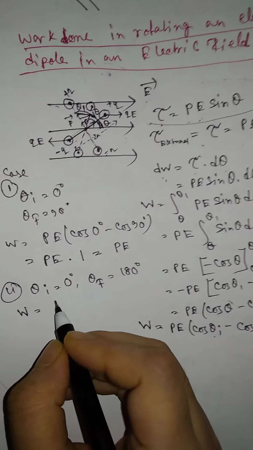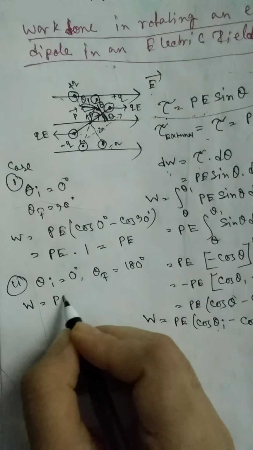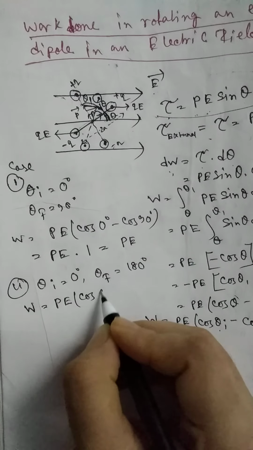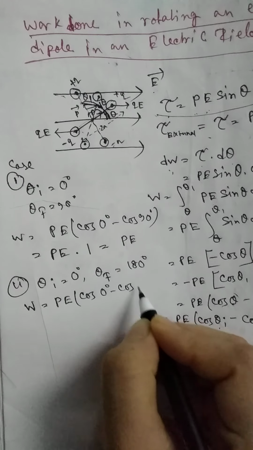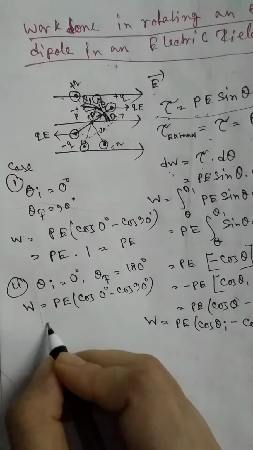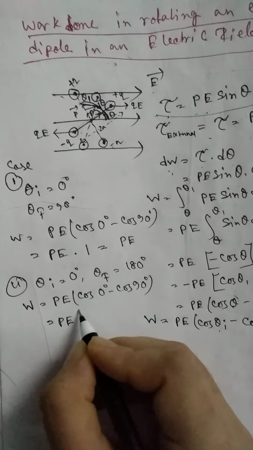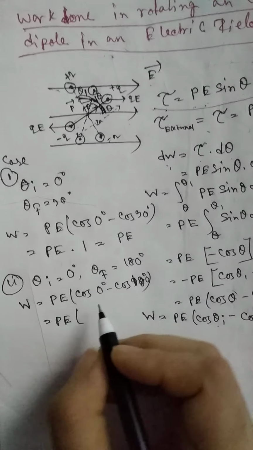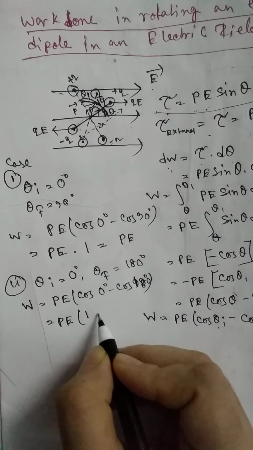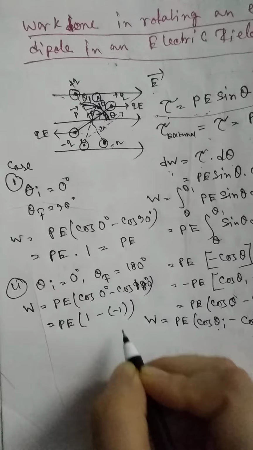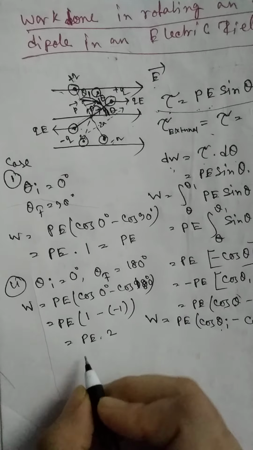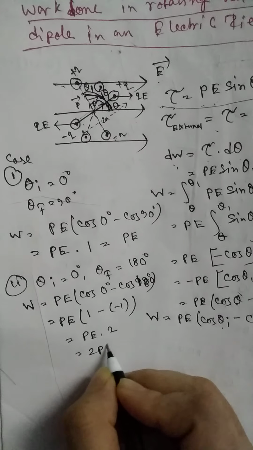So W equals pE, cos 0 degree minus cos 180 degrees. So 1 minus of minus 1, because cos 180 equals minus 1, so pE into 2, that means 2pE.